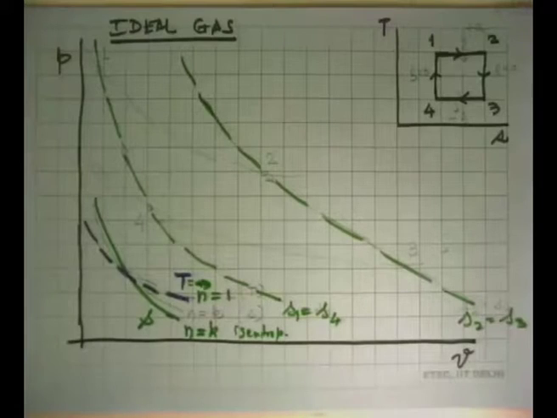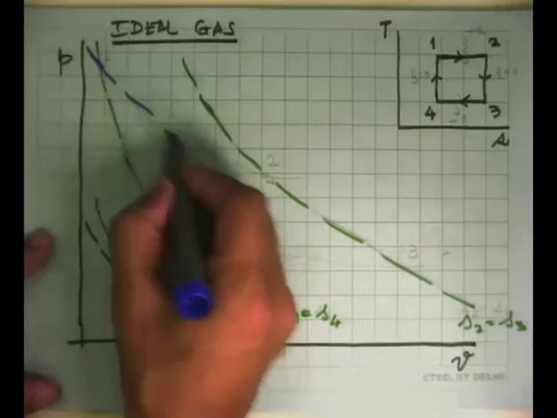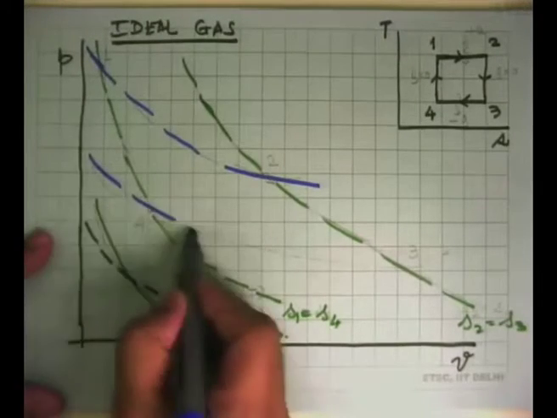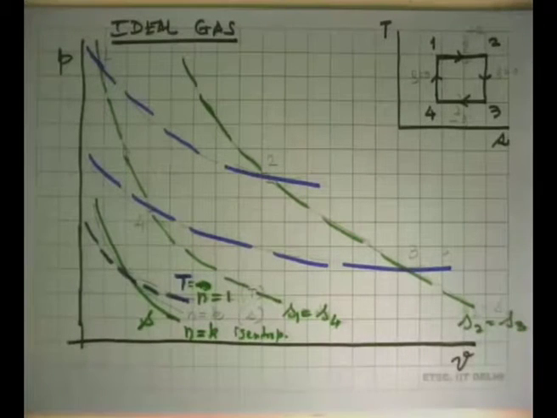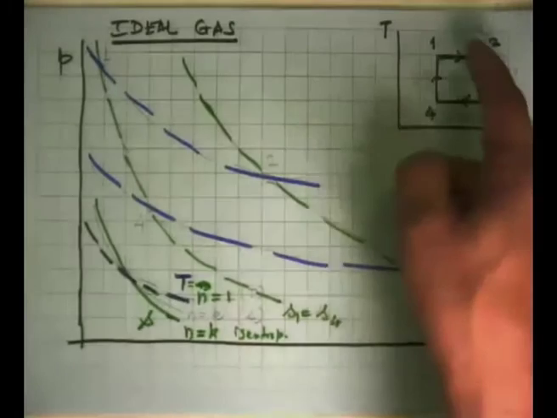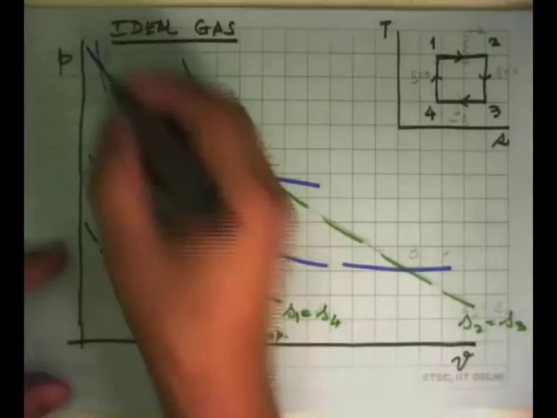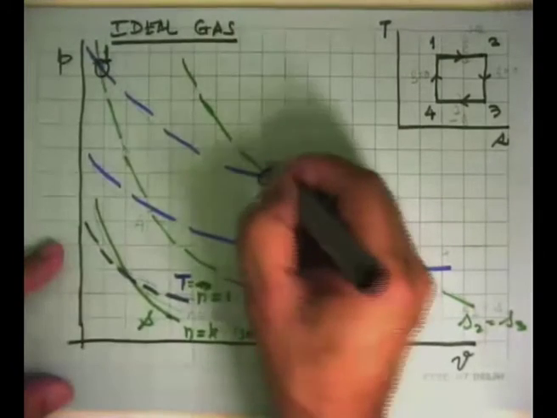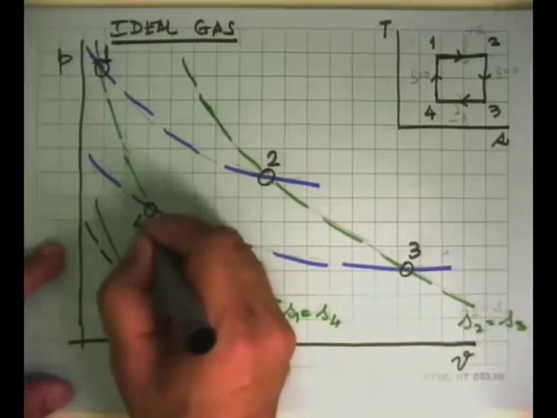Now we draw the isotherms. This is one isotherm and this is the second isotherm. And now we complete the mapping of the states. This is state 1. The point where these two intersect is state 2. This is state 3. This is state 4.